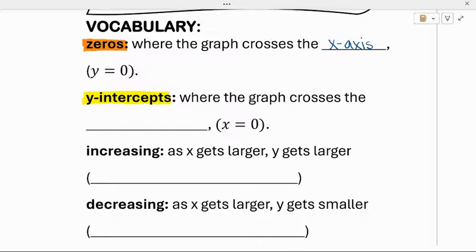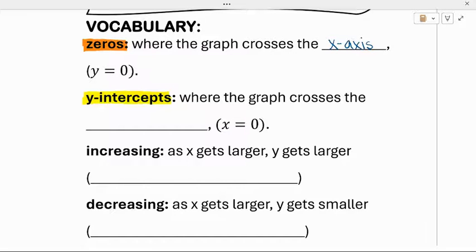What is the y-intercept? What do you think that is? What happens when x equals 0? If you were to look at a graph, what happens when x equals 0? What is the graph doing?